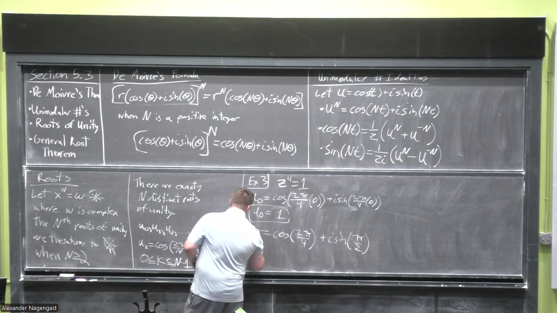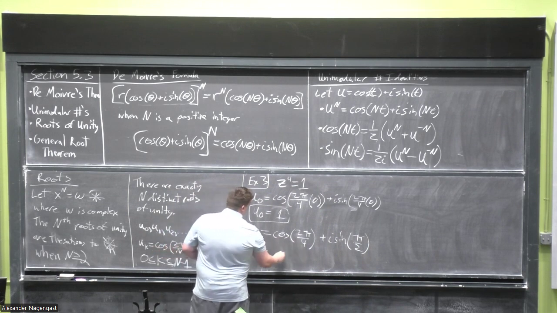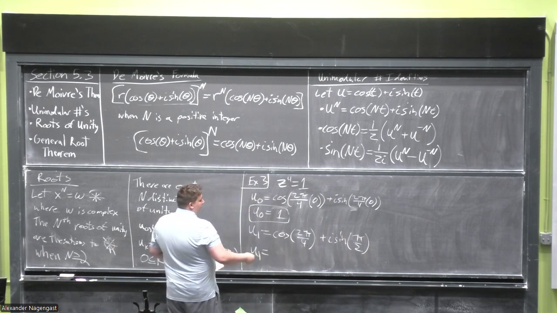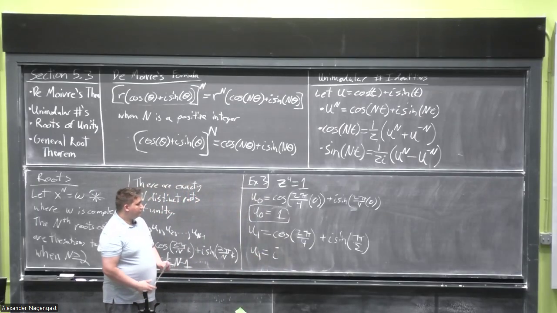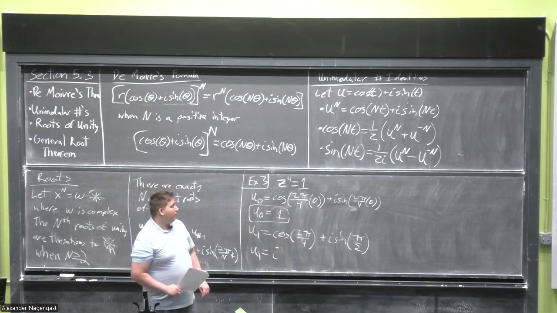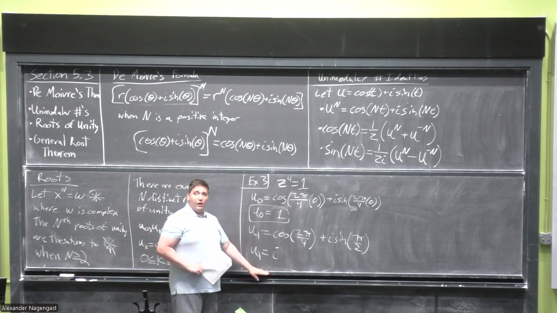And we can evaluate, and we get u1 is equal to cosine of pi over 2, that's 0, that goes away. Sine of pi over 2, that's 1, so we just get i. Which should also make sense because in the previous video, we had i to the 4th was equal to 1.